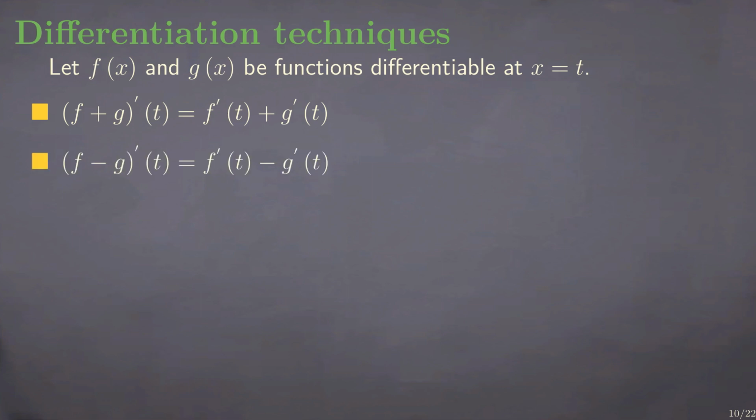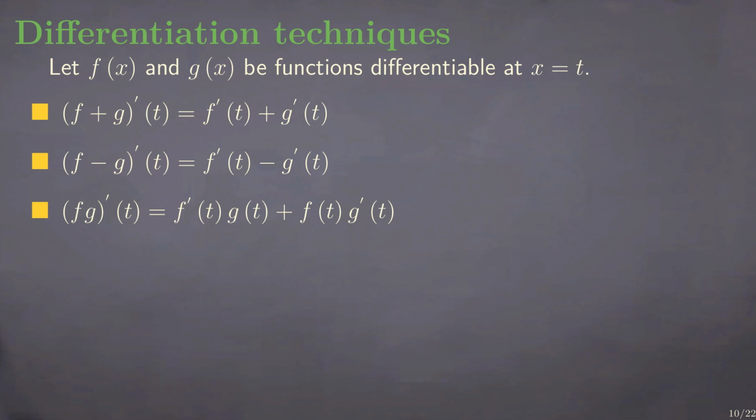And the same applies for the difference: the derivative of f minus g is the derivative of f minus the derivative of g. But for the product, we have the Leibniz rule, which is a little bit more complicated. The derivative of the product of f and g is the derivative of f times g plus f times the derivative of g.